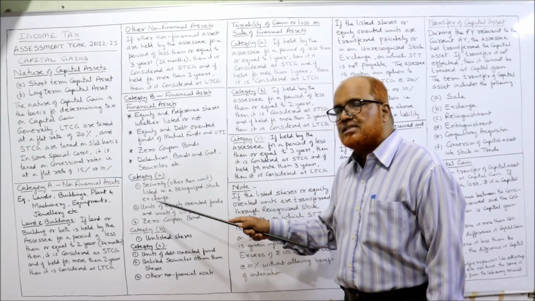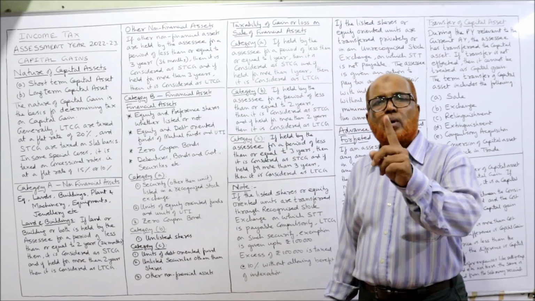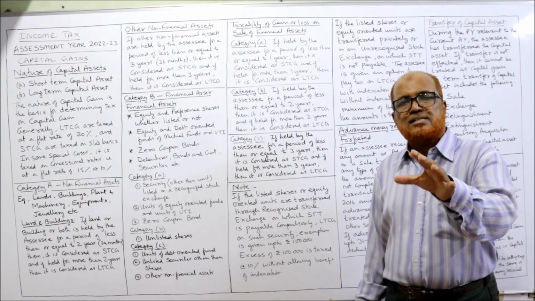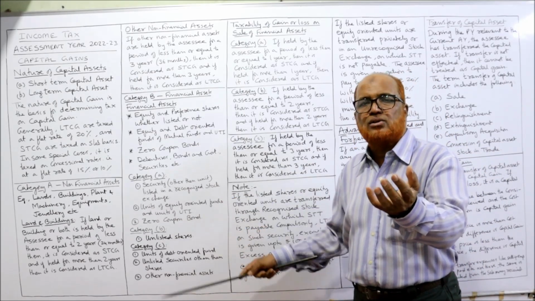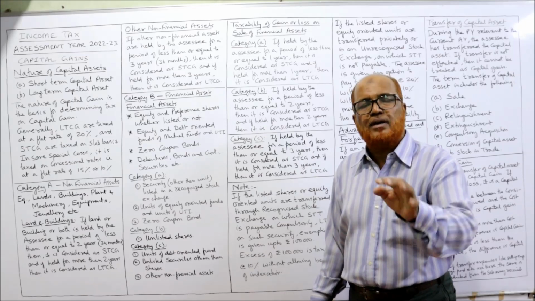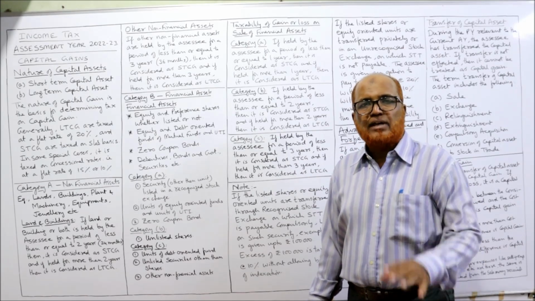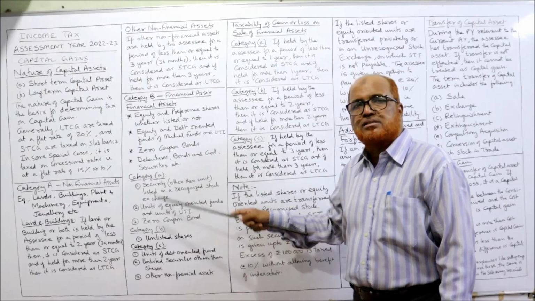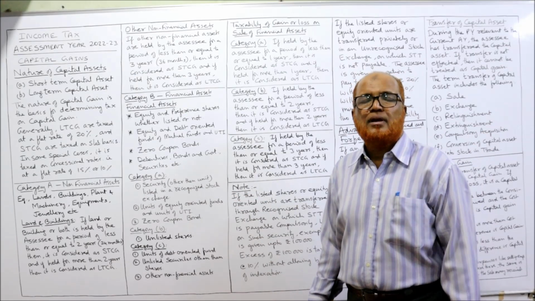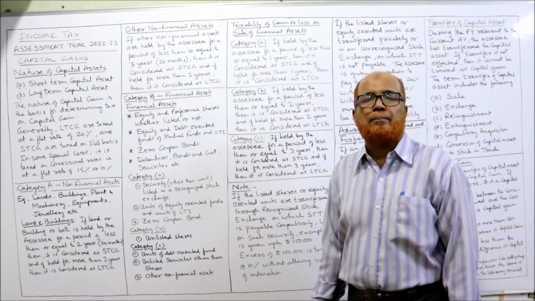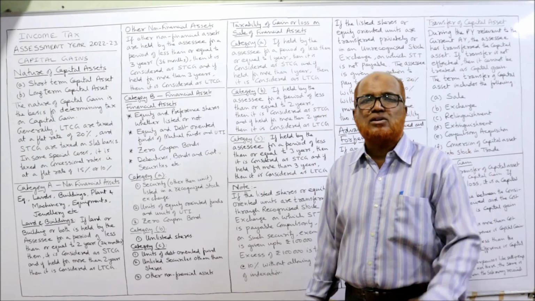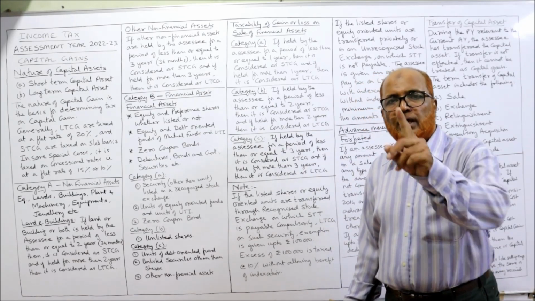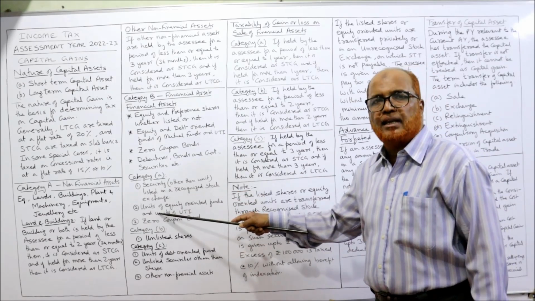For these 3 cases, the holding period is 1 year. If an SSC holds these assets for 1 year or less, it is called short term. If the SSC holds these securities more than 1 year, it is called long term capital asset. And the gain arising will be long-term capital gain. The holding period is 1 year for category A items.